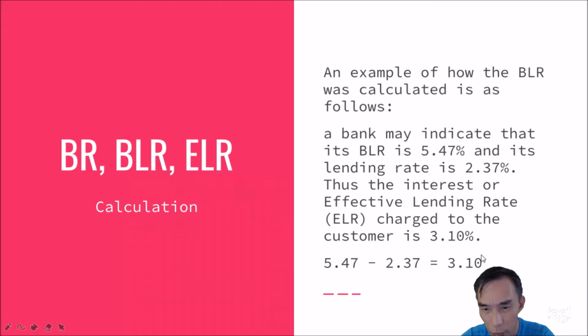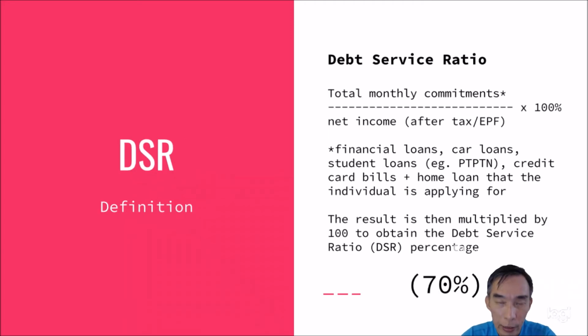If you add all these things, they may not equal each other. So for BLR, BR and effective lending rate, you cannot use the formula BLR minus BR to arrive at the effective lending rate, because it's not transparent inside.